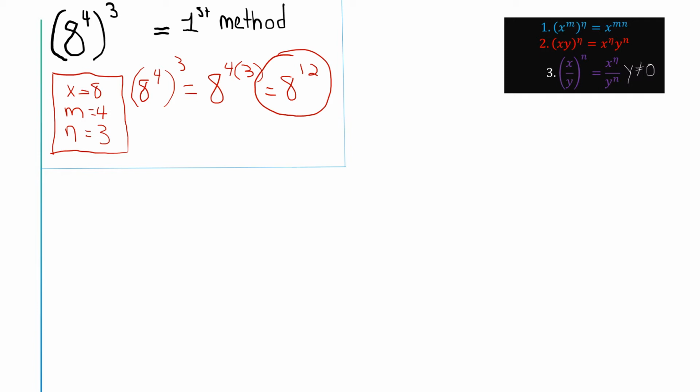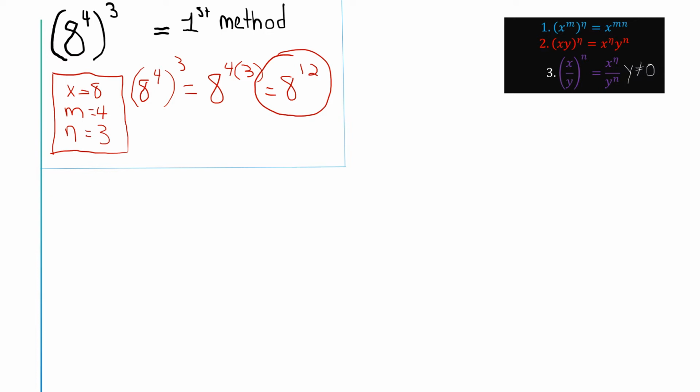So we have 8 to the 4th times 3, and 4 times 3 is 12. So now our problem is 8 to the 12th power. And 8 to the 12th power evaluated is 6.9 times 10 to the 10th power. So what I just did was give you an answer in scientific notation. I will go over that with you in a little bit.